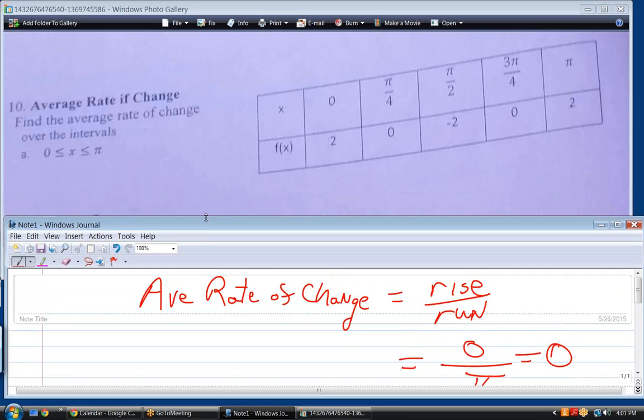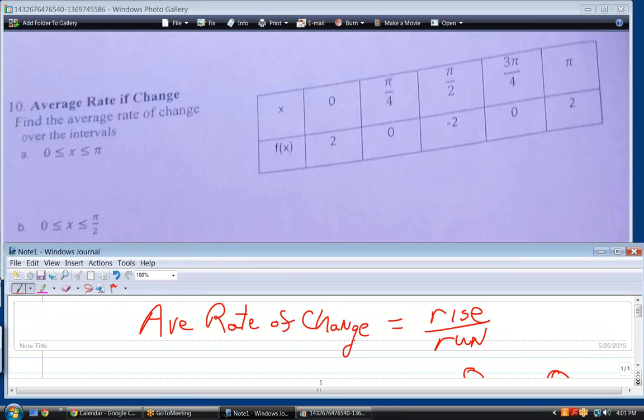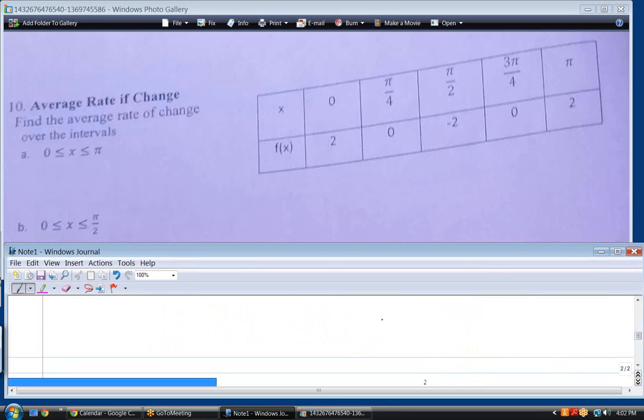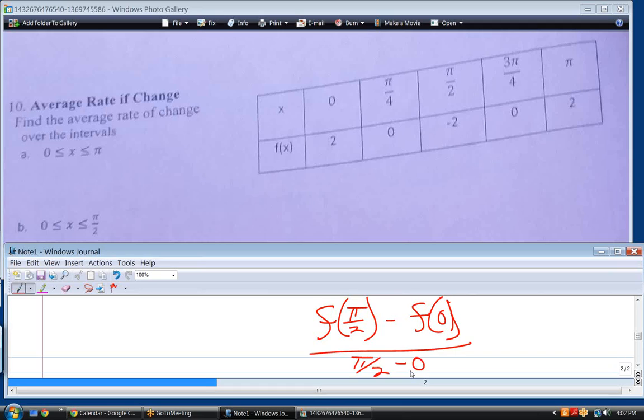All right. What is it between 0 and pi over 2? It'd be... So it's the second value. Here, let's write it like this. It's f of pi over 2 minus f of 0, all over pi over 2 minus 0.